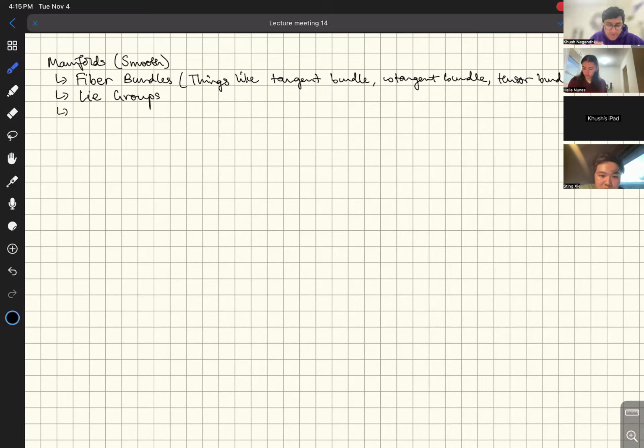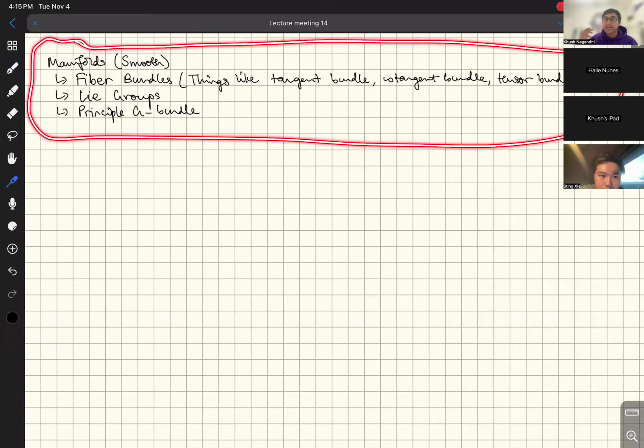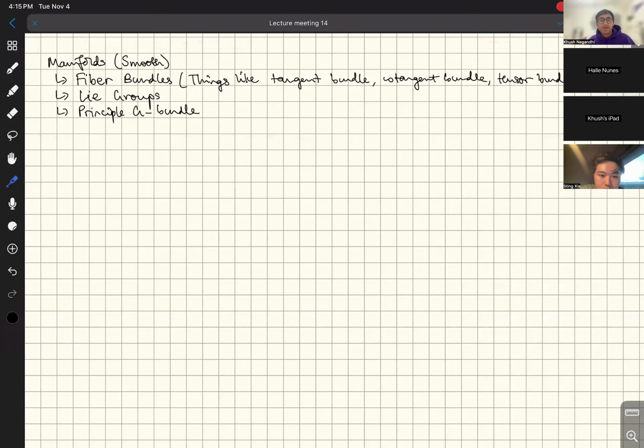Then we're going to use the ideas from Lie groups to develop the concept of a principal G bundle, which is a fiber bundle that has a group action on it. Don't worry about what a fiber bundle is, but for now we can just take that. So this is everything we need to set the stage.